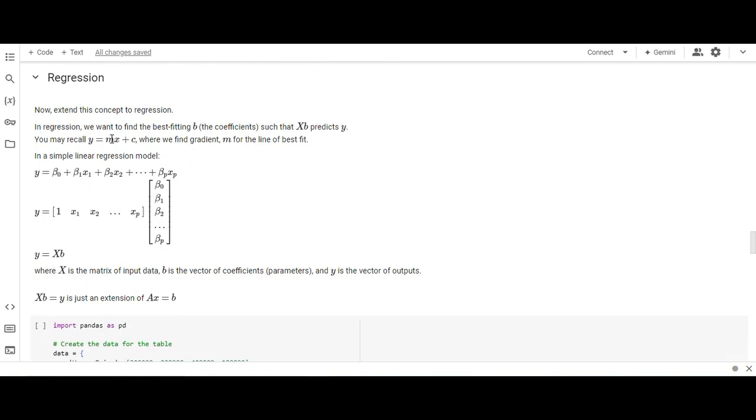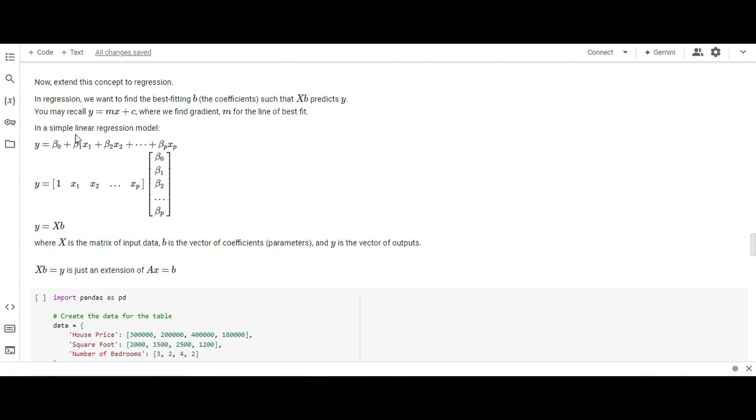In regression, we want to find the best fitting beta, the coefficients, such that X beta predicts the y. You may recall linear regression y equal to mx plus c, which is a straight line. You can find the gradient m for the line of best fit. In a regression model, we have x1, x2 up to xp.